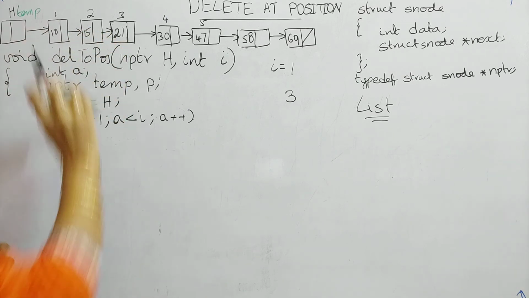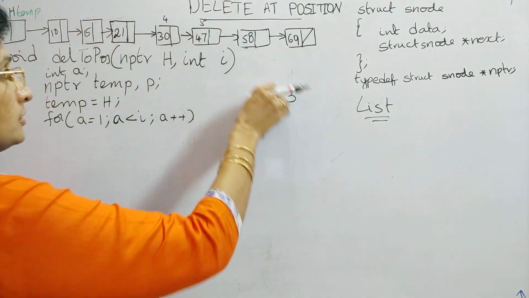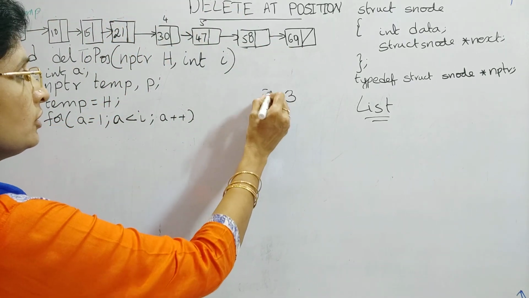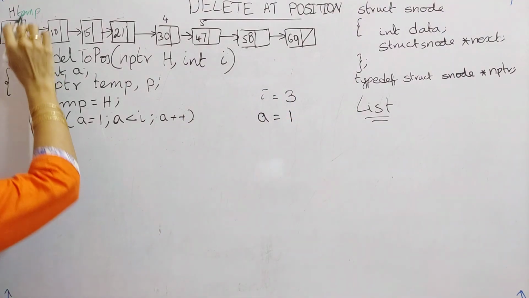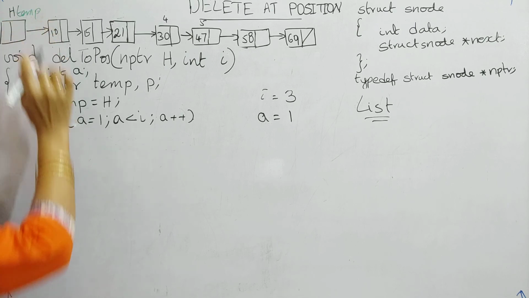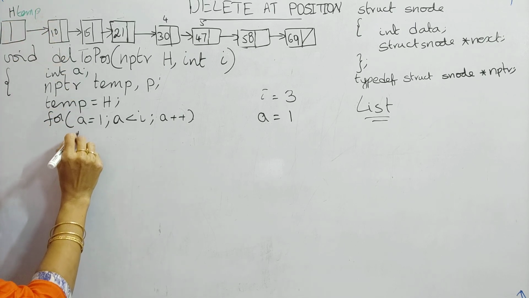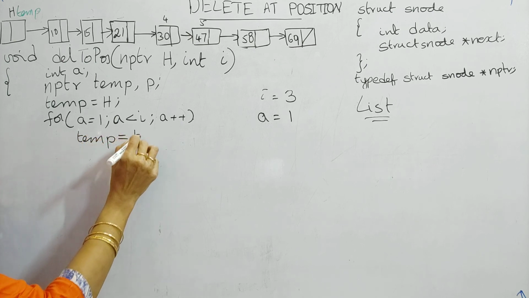See how it will happen. So here I is equal to 3. So first a will be equal to 1. So where is our temp now? It is at the header. So now what I will do is, here I will just move the pointer temp to temp next.